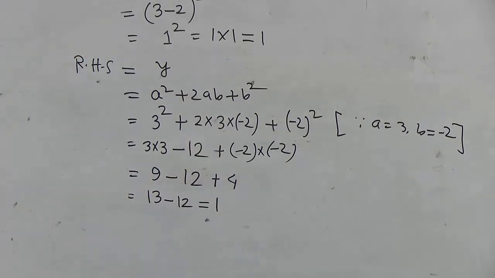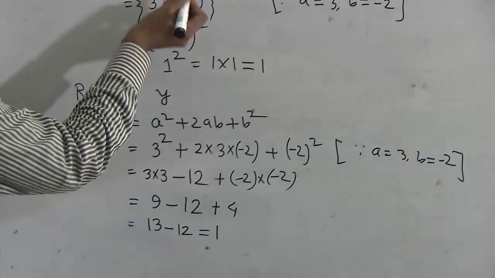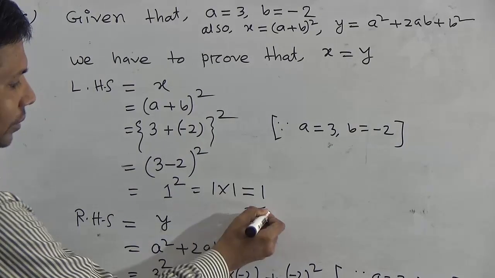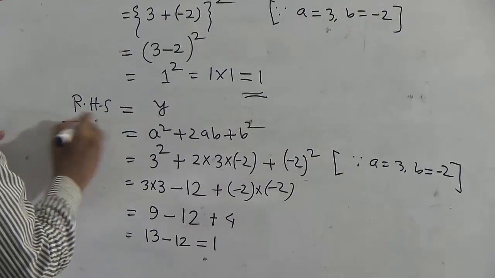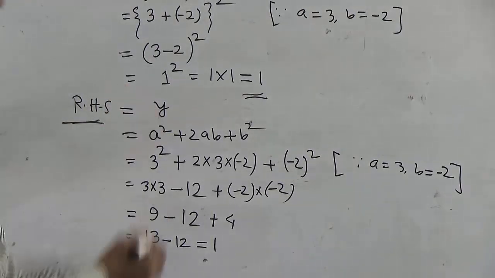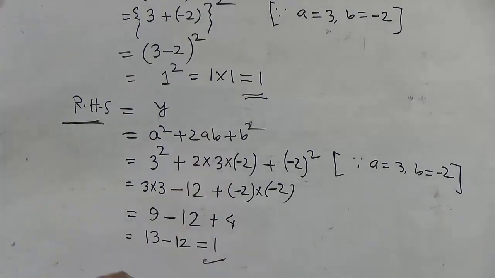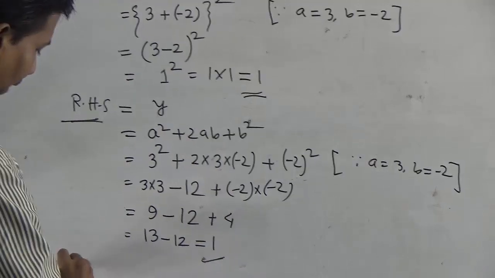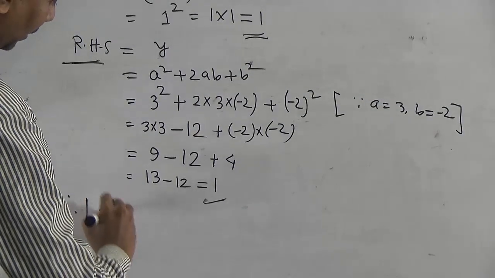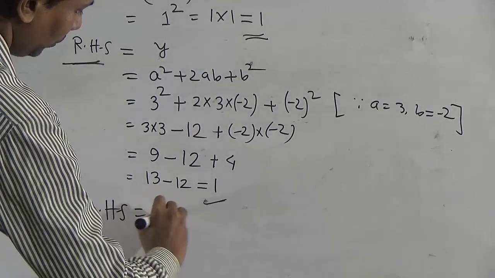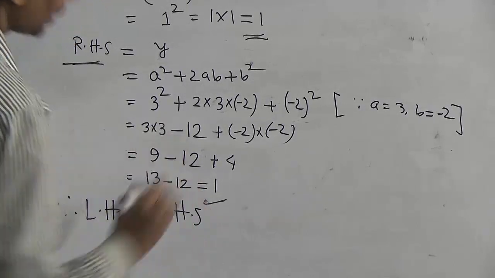That means we have got the left hand side x equal to 1. Similarly, we have got right hand side y equal to 1. Okay? Therefore, we have to say that left hand side equal to right hand side.